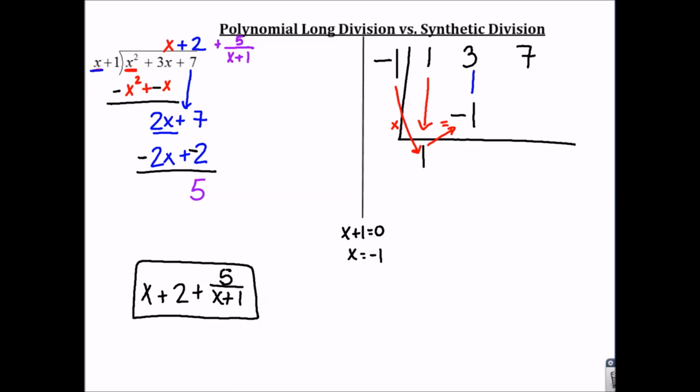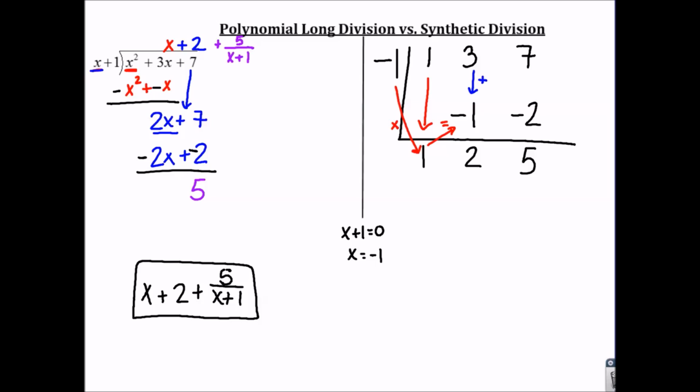Then I'm going to add 3 plus negative 1, and that gives me 2. Then I'm going to multiply, so I'm going to do negative 1 times 2, which is negative 2, and write that in the next column. Then I'm going to add 7 plus negative 2, and that gives me 5. And I'm going to use those numbers at the bottom there to write my answer.